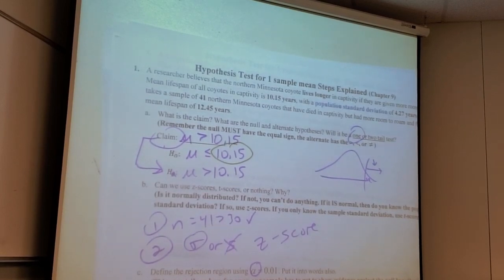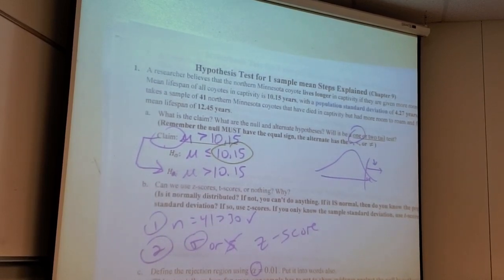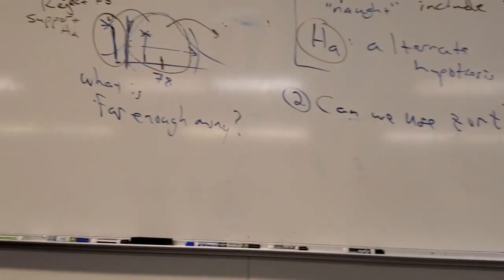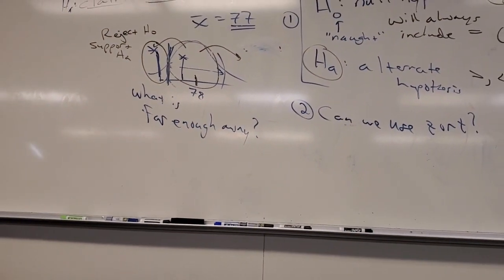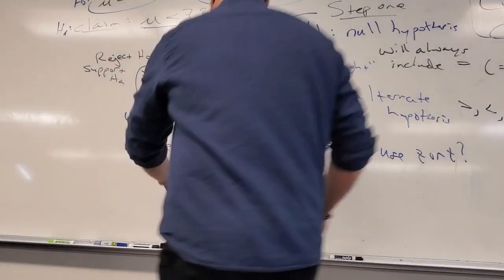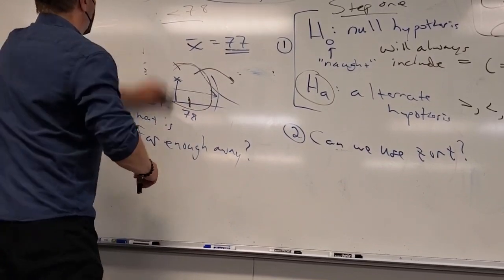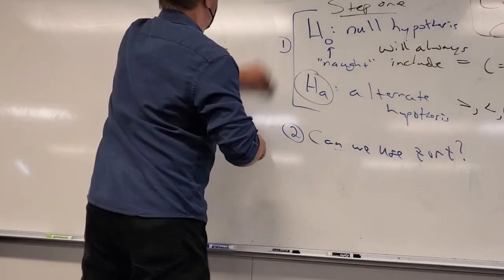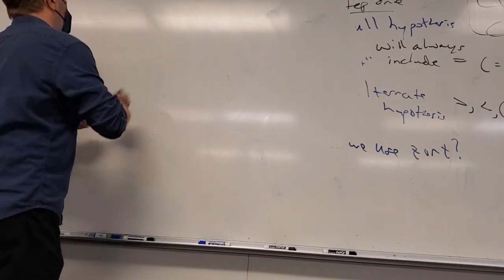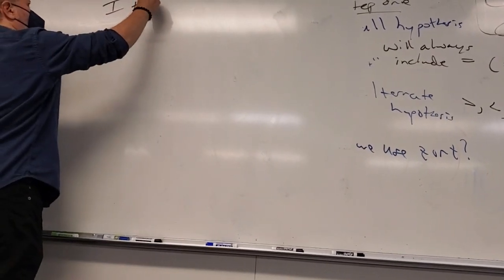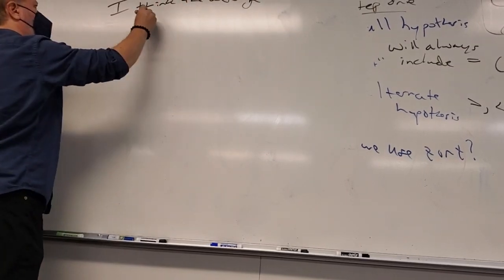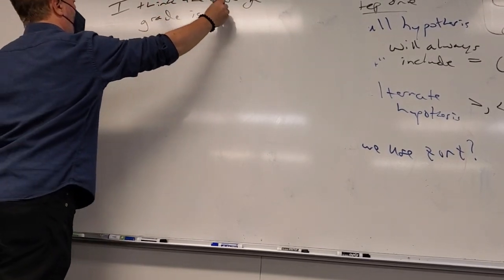Shoot, I should have brought that. Well, I knew we wouldn't probably have time. Let's try this. Let's do one quick example that shows some of the other things, and then we'll head out. If I had a claim and I said, I think the average grade in here is a 75.